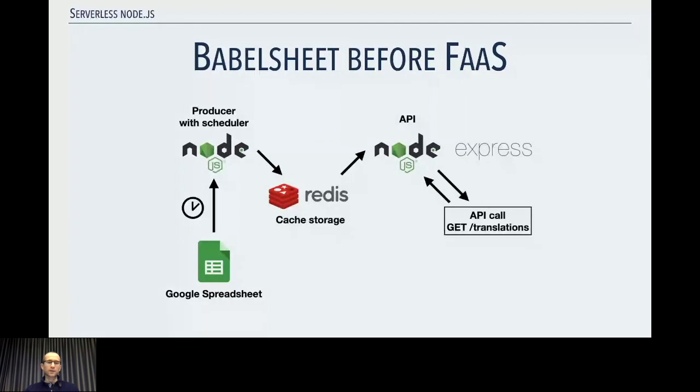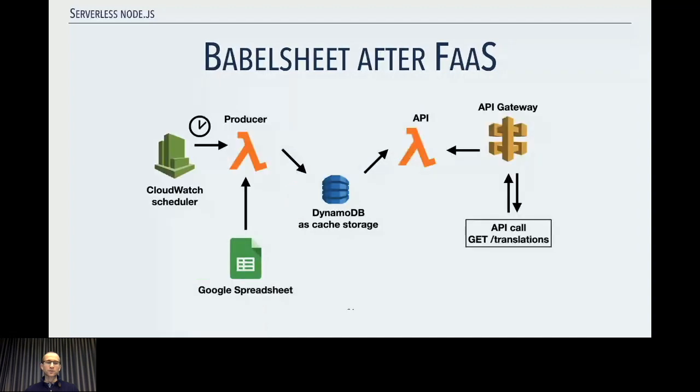The first lambda is our producer, and as you can see, it doesn't have a built-in scheduler like now, because this responsibility of the application is now outsourced to an external service. In this case, it's called CloudWatch Scheduler, one of the AWS services. But the main logic is the same.